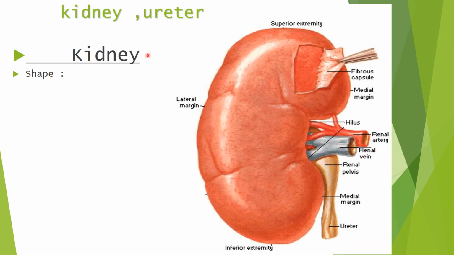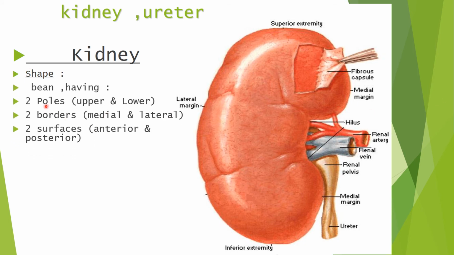The kidney is an important organ in the abdomen. We discuss its shape, describing it as being bean in shape, having an upper pole, lower pole, lateral border, medial border, and 2 surfaces, anterior and posterior.